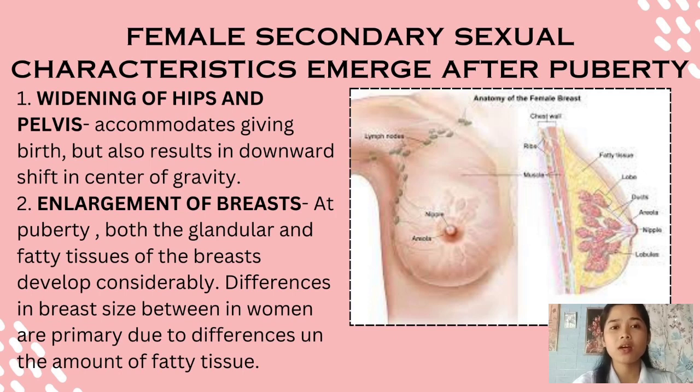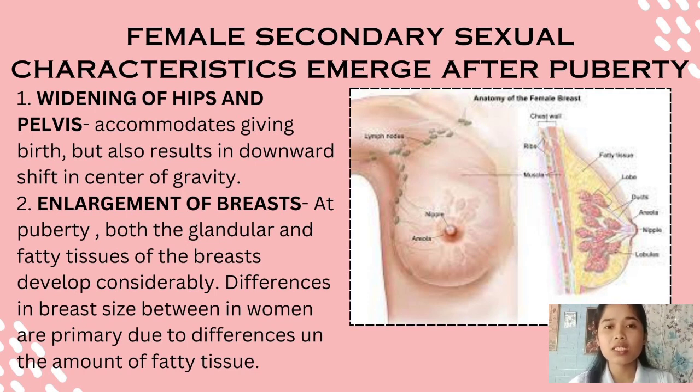So let's proceed to the female secondary sexual characteristics that emerge after puberty. The first one is the widening of hips and pelvis. It accommodates giving birth but also results in a downward shift in the center of gravity.